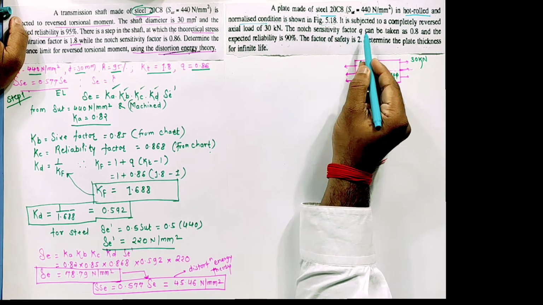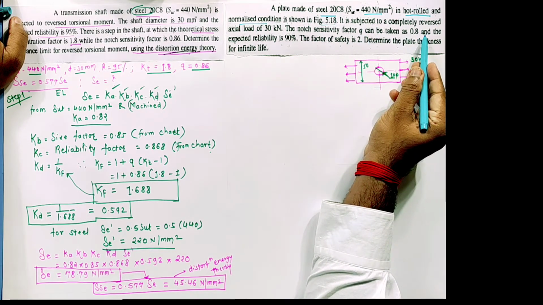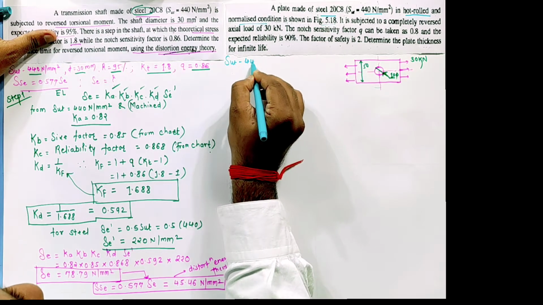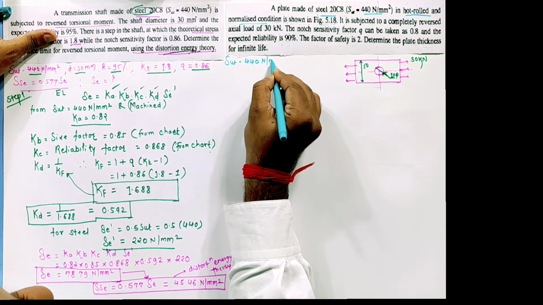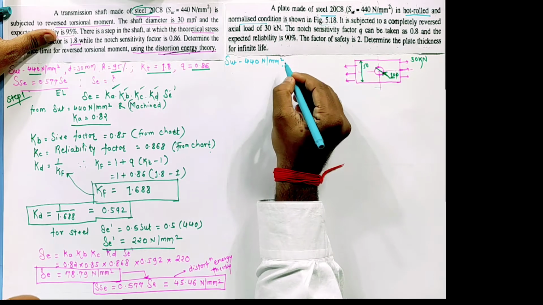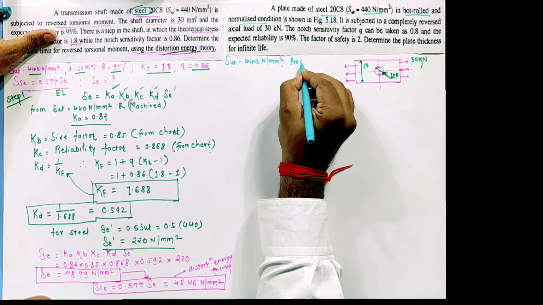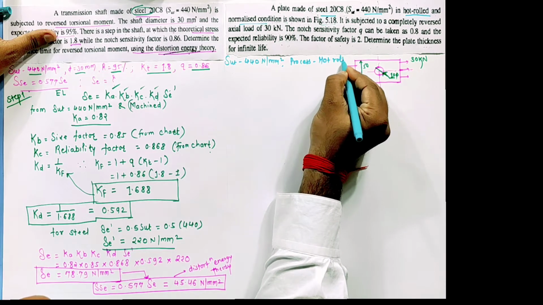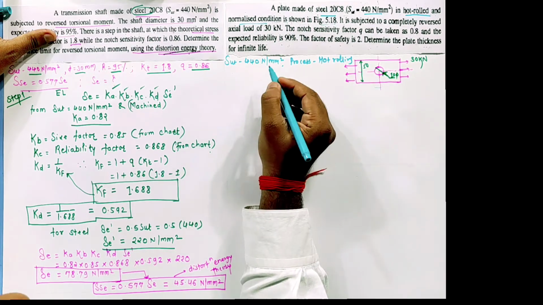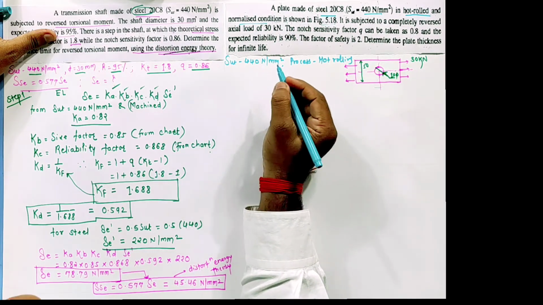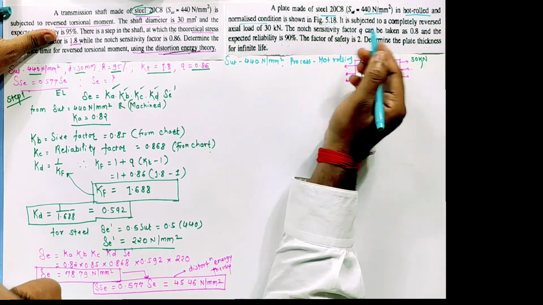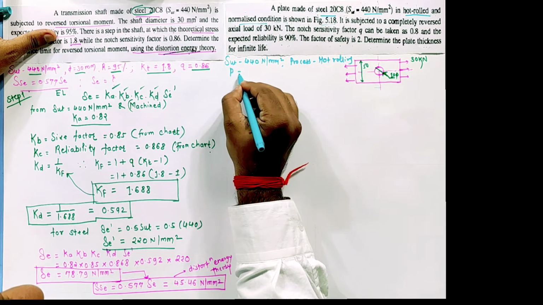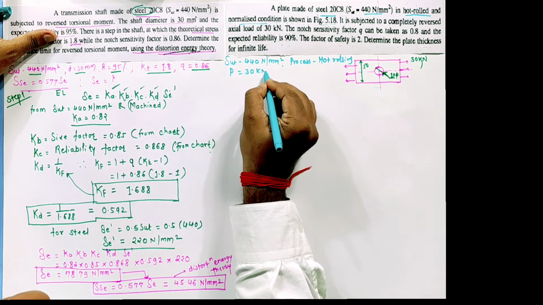The notch sensitivity factor q can be taken as 0.8. SUT 440 Newton per mm square. Process hot rolling. Then it is subjected to a completely reversed axial load, P equal to 30 kilonewton.